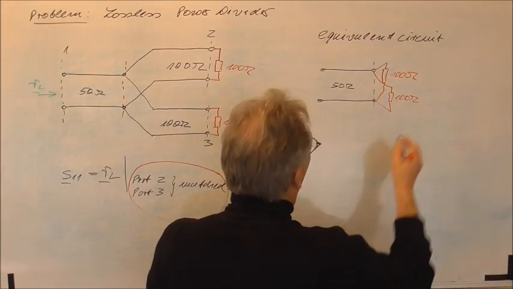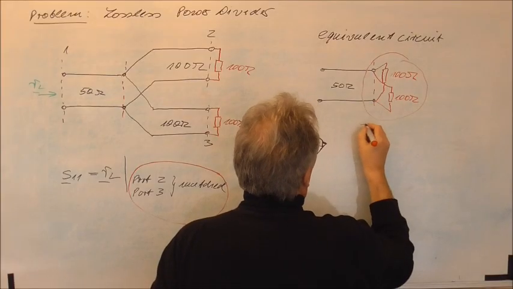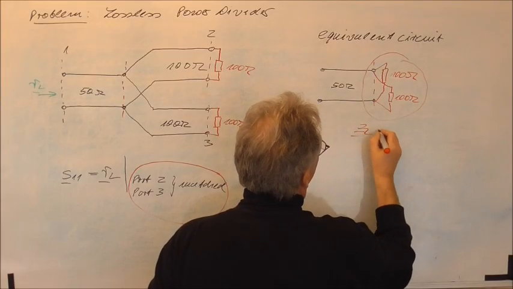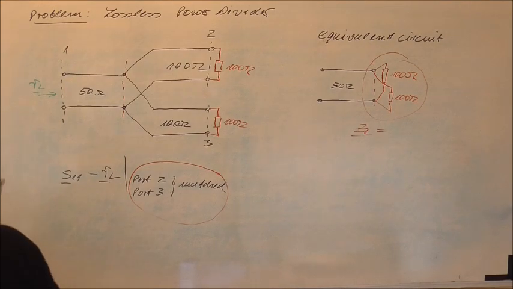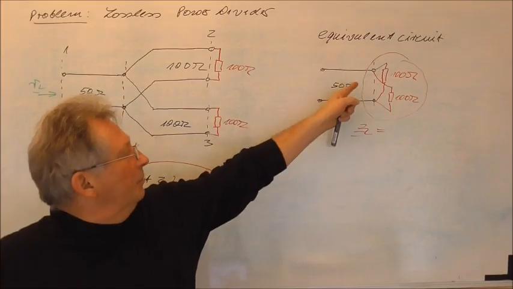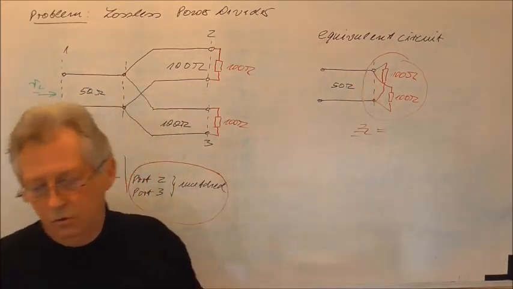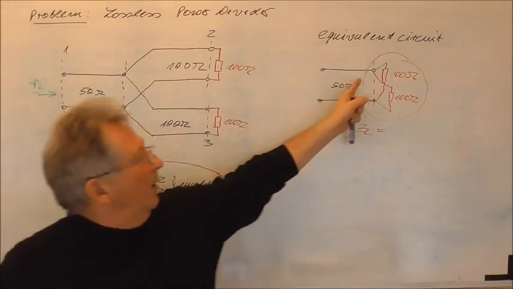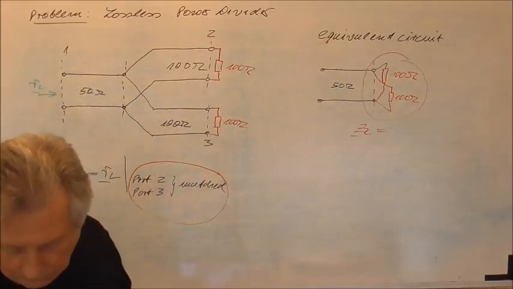So what will be the load impedance here? I write ZL here. Of course, here it's our 50 ohm transmission line and it's terminated into these two resistors. What kind of connection do we have here?